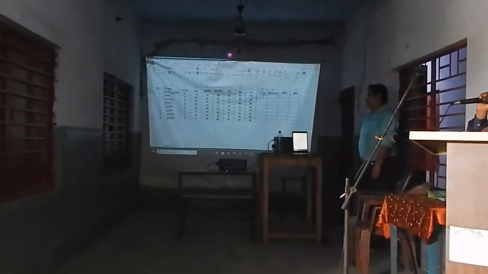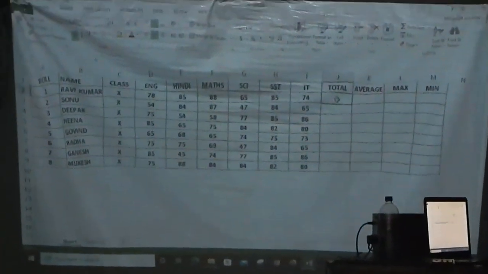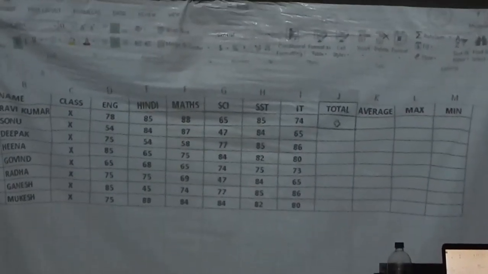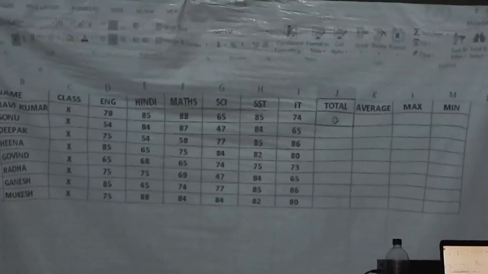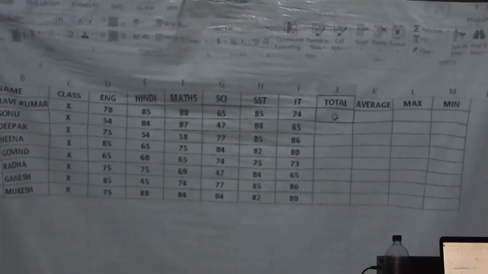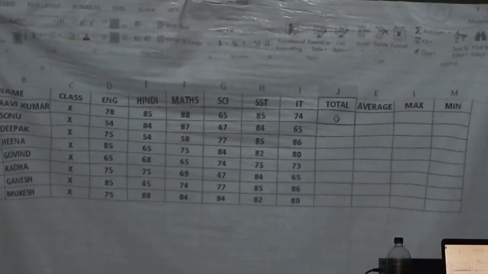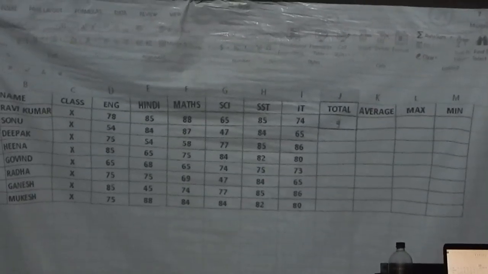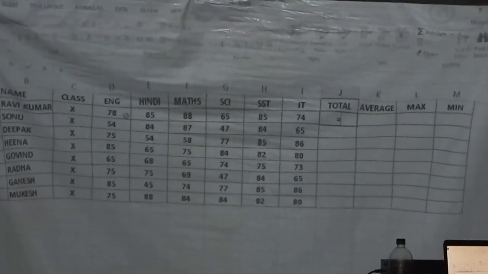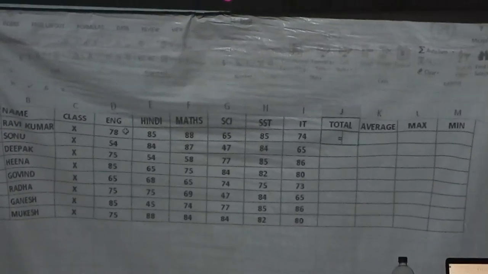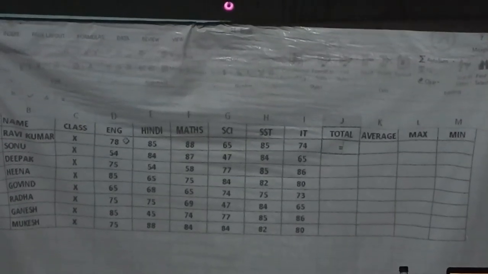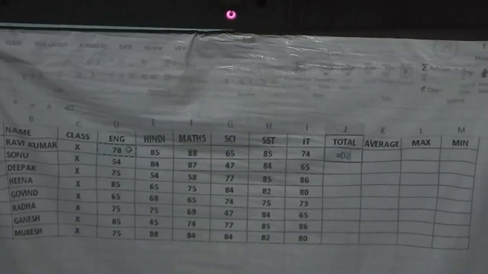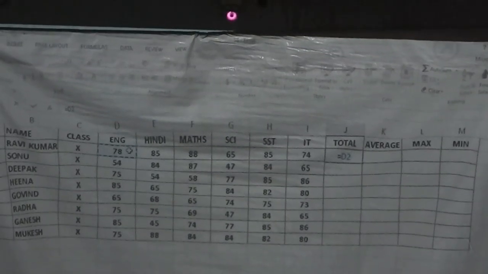So what will be the formula for that? Formula and function both we can use. Formula we use manually, and function we use from the computer's method. So first of all we will go with the formula. What will be the initial step? Equals to. First we start with the equal sign, then we write the address of the particular cell from where we have to collect the data.